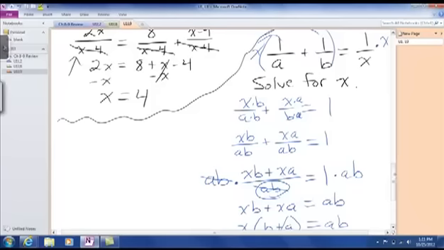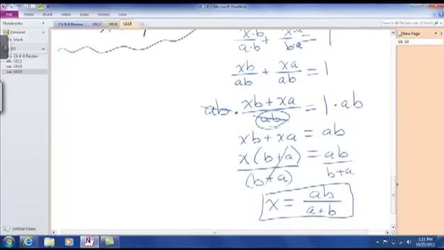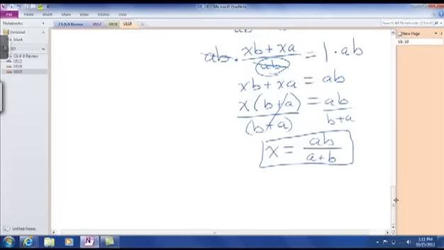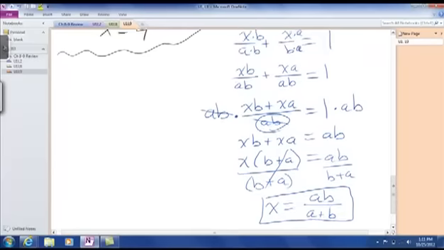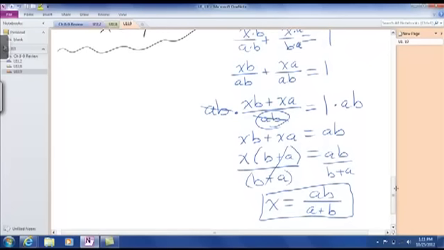Then after we combined them, we multiplied by that common denominator to get rid of the denominator. Then we factored the x out, and then we divided by b plus a to get x by itself. And ta-da! Okay, come on, admit it. It was kind of cool how we just manipulated that around to make it do what we want. All right, let's move on.